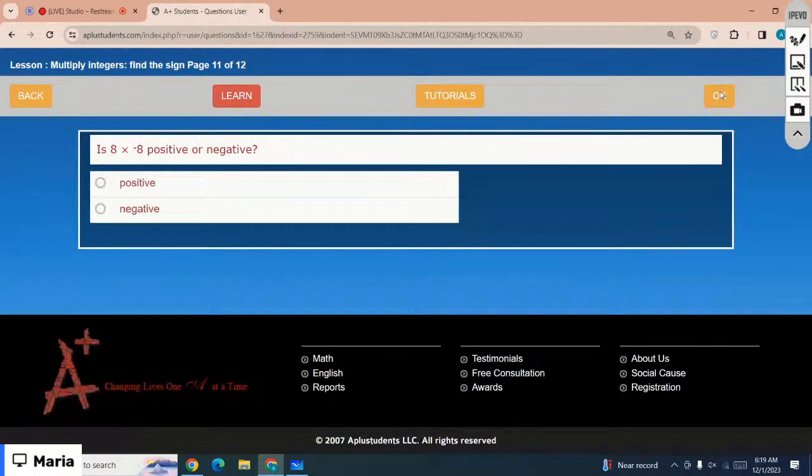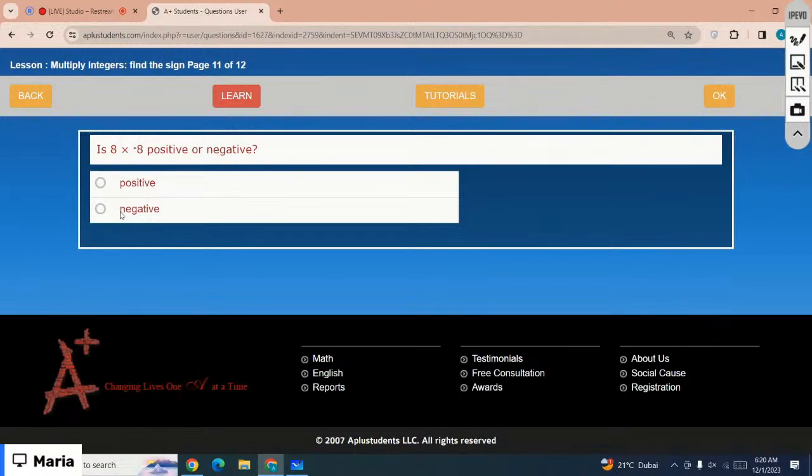Is 8 times negative 8 positive or negative? It is negative.